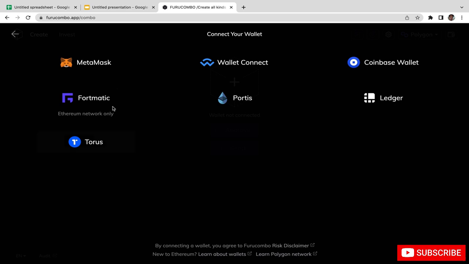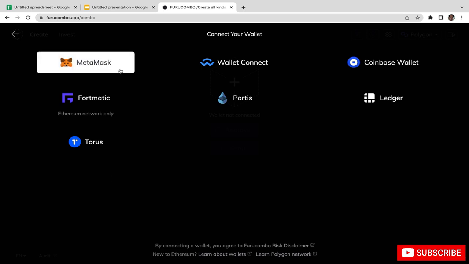Personally, I recommend you use MetaMask, since that one is the most common one, and probably one of the most secure online cryptocurrency Web 3.0 wallets. Again, in this course, I'm not gonna guide you step by step on how to set up your MetaMask wallet, since there are plenty of videos on YouTube to guide you on how to create your MetaMask wallet and deposit your assets there. So again, just pick one of those seven. Personally I will pick MetaMask.